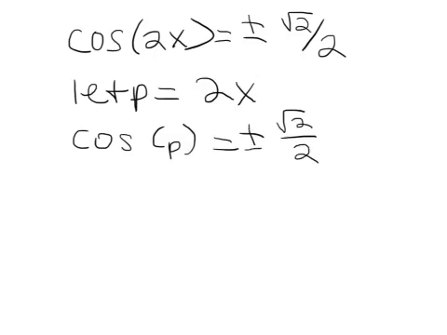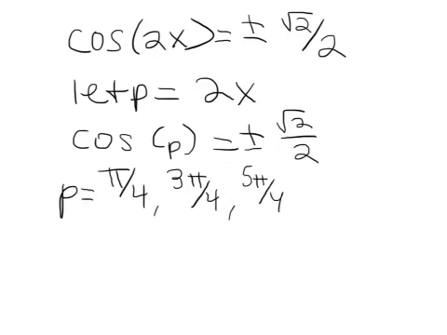So now p would equal pi over 4, 3 pi over 4, 5 pi over 4, and 7 pi over 4. However, this is just going around one time, but p equals 2x, so that means we have to go around twice.